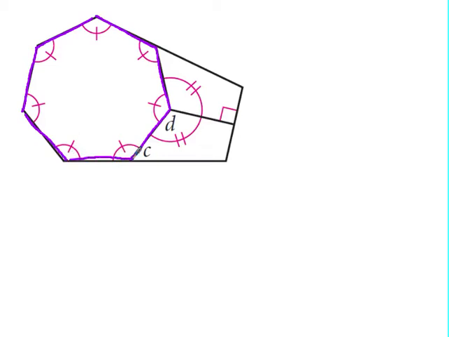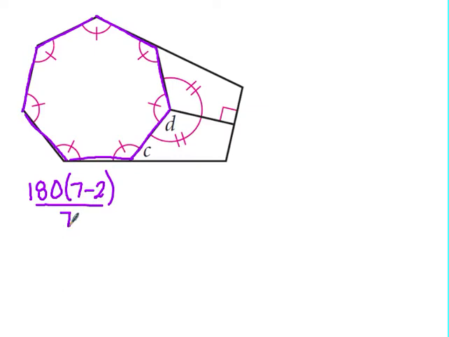So this is a regular heptagon, which means I need to find out what each angle is. To do that, I can use the formula I was given: 180 degrees times n minus 2, because n is the number of sides, and then divide by 7.